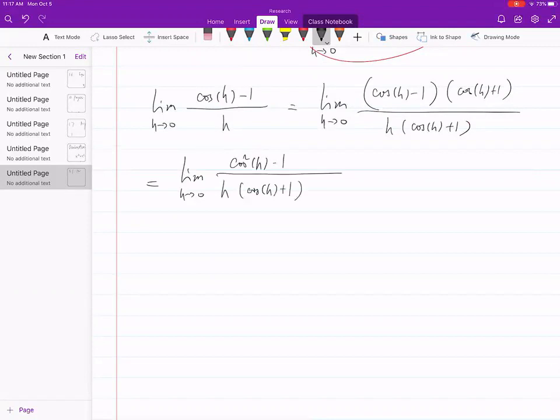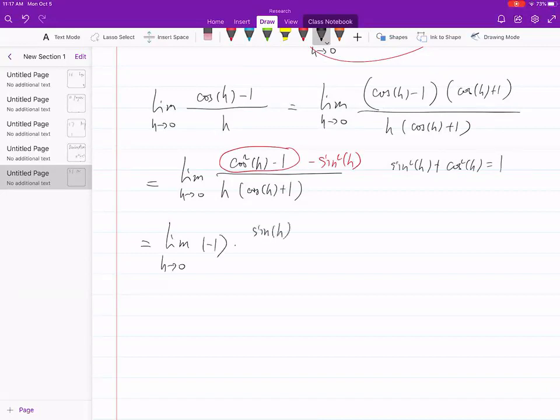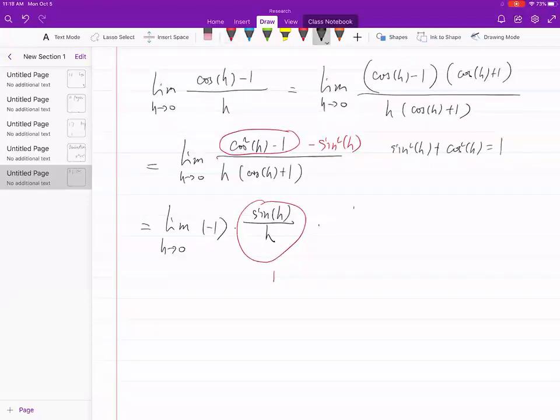And the reason I want to do that is because I know a trig identity: sine squared h plus cosine squared h equals 1. Then I can replace the whole top with negative sine squared h using the trig identity. And once I have that, let's split them. The first one, I want to put a negative sign. The second one, I want to put this. The reason is because we know this is 1. And we leave whatever is left.